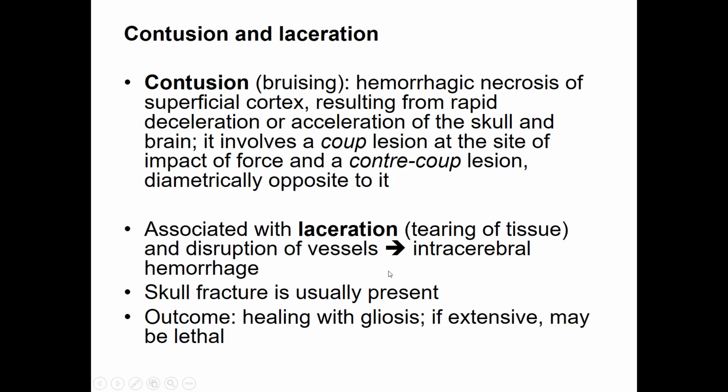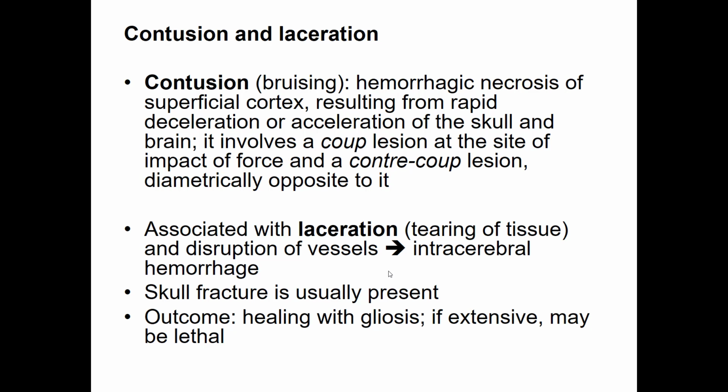The contusion or bruising of the surface of the brain is a more severe type of traumatic injury, where there is a hemorrhagic necrosis of the superficial cortex at different depths, which is actually the basis of the grading of the severity of contusion from the morphological neuropathological point of view. Obviously, another aspect is the extent of the contusion regarding the neuroanatomical localizations.